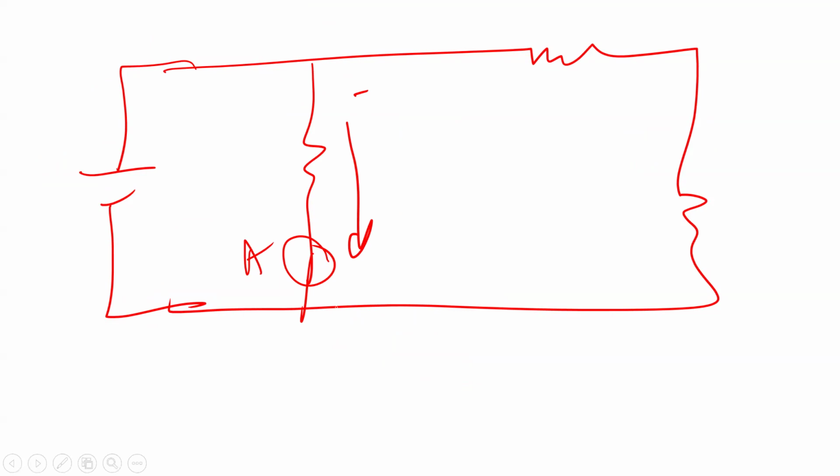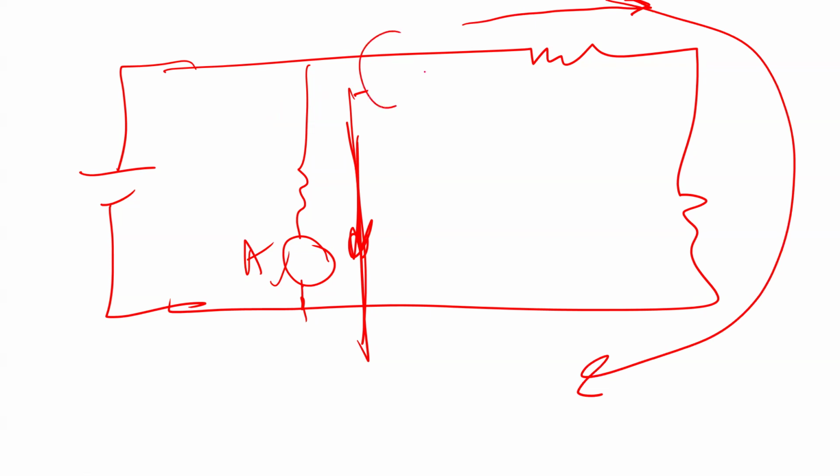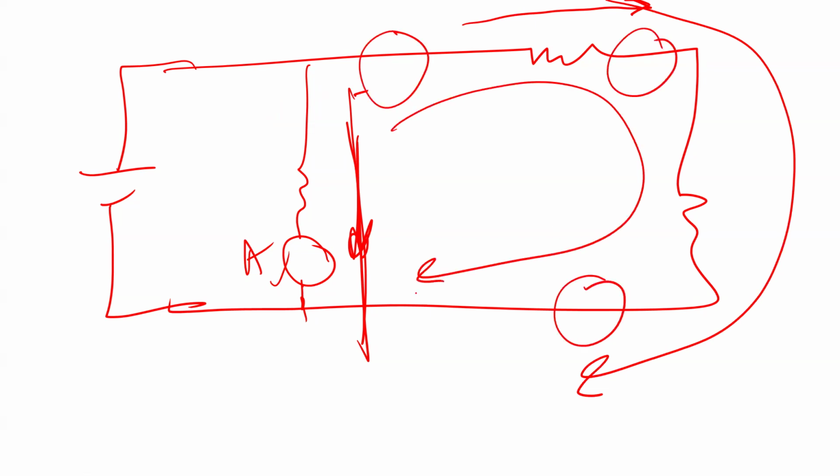What's really important is that this current has to flow through the ammeter. I have to open the circuit, so it has to be in series, so that the current goes through the ammeter. If I put it here or you put it here, it's the same, because it's the same current. If I wanna measure the current flowing in this branch, I can put it here, here, or here, because it's the same current.